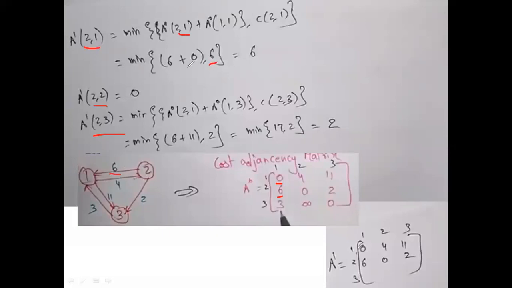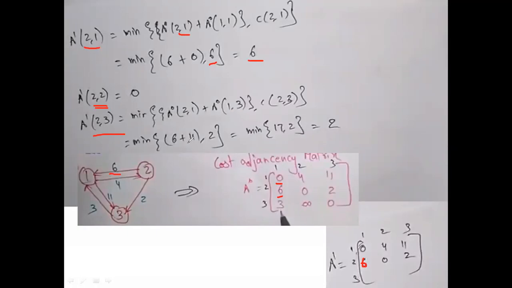So 6 and 6, minimum 6. Write 6 here. Next, (2,2): there is no vertex, so for all the diagonal entries (1,1), (2,2) and (3,3), it should be 0. So 0.